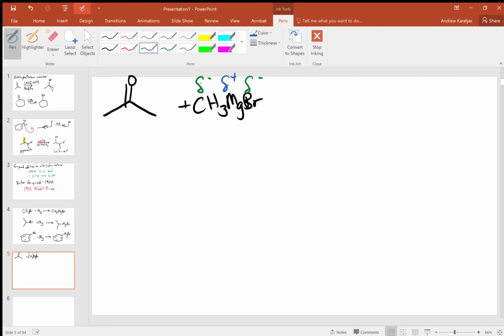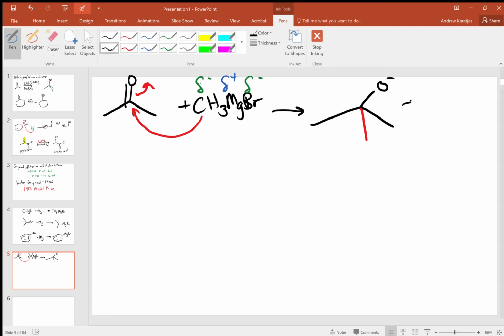It's not a full carbanion, it's just a partial negative, but to a large extent, it functions as if it is a carbanion. And so that carbon will attack the carbonyl, shift the electrons up onto the oxygen, gives us our oxygen anion, and a new carbon-carbon bond.